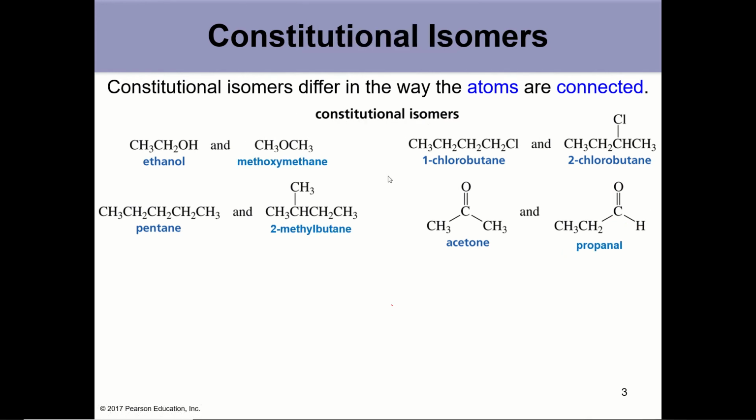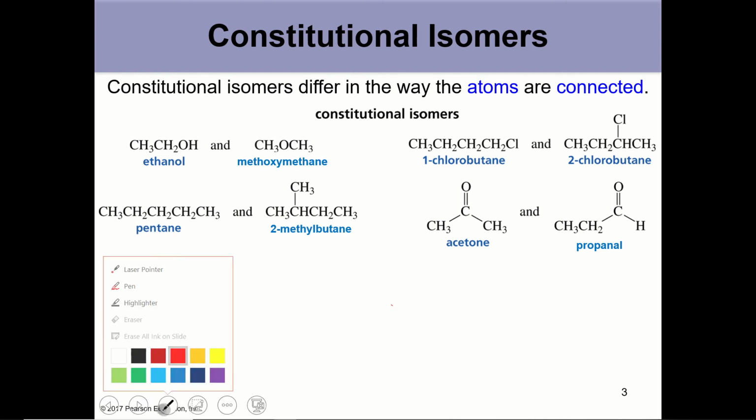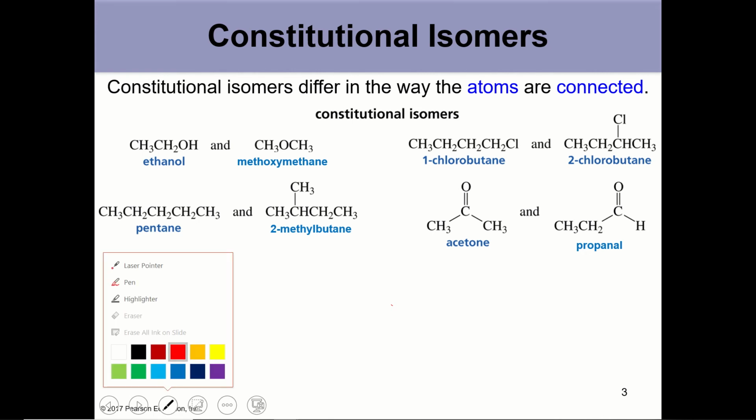For constitutional isomers, these isomers are physically differing in the way the atoms are connected. Okay, so we can compare several different sets of constitutional isomers on this slide that shows how we have the same atoms, but they have a physically different connectivity. For example, ethanol versus methoxymethane.